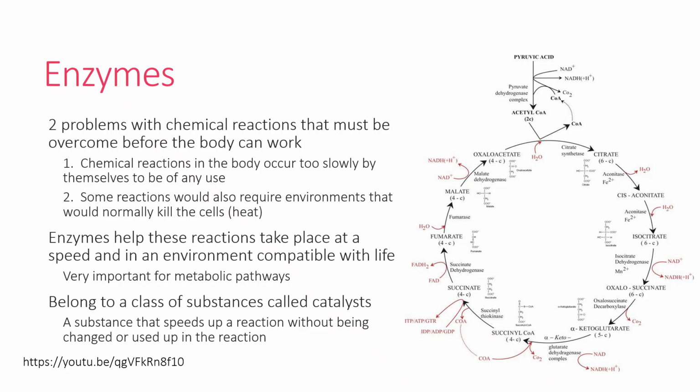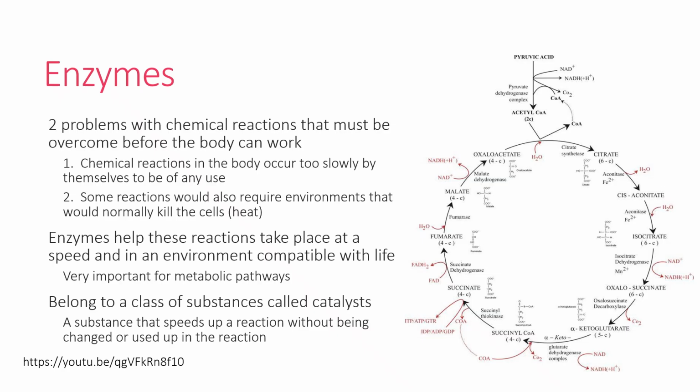Not only did we have to memorize every step, but we also had to memorize all of the enzymes that catalyzed each step. So to be able to go from citrate to cis-aconitate, we need this enzyme right here, aconitase. Now, most enzymes are going to end with the ending -ase, so that's usually what we're looking for in an enzyme.